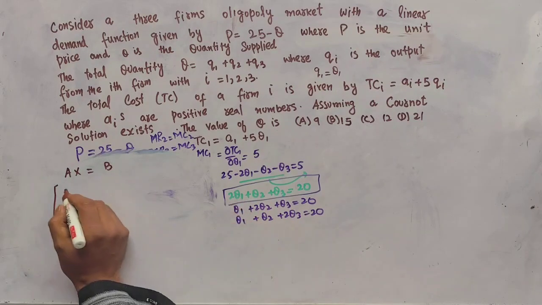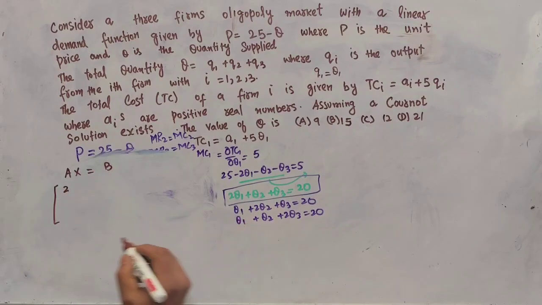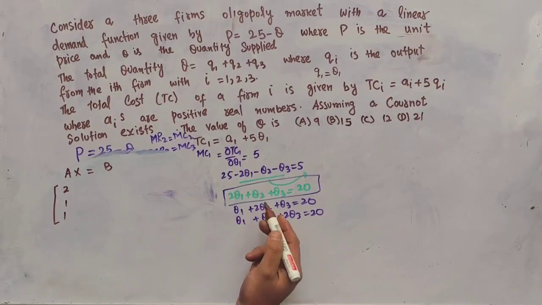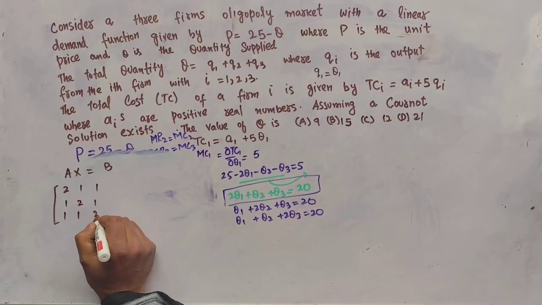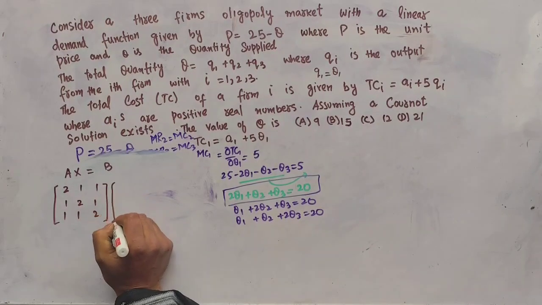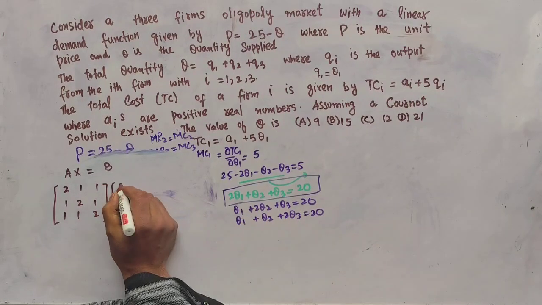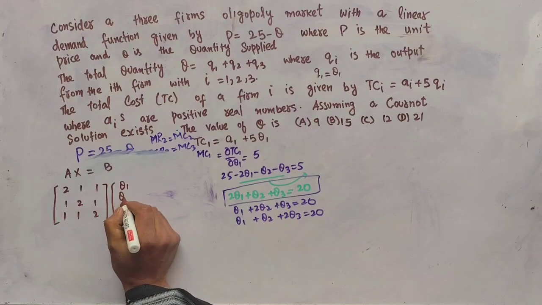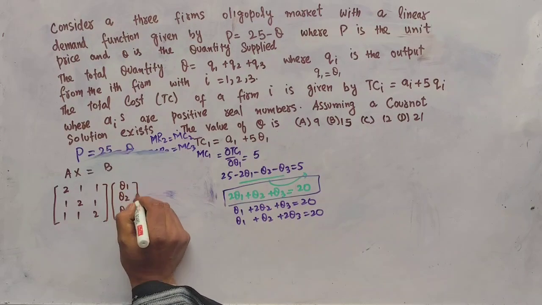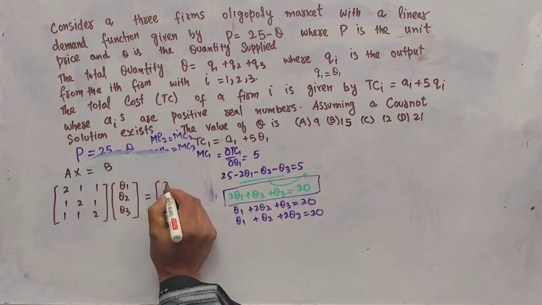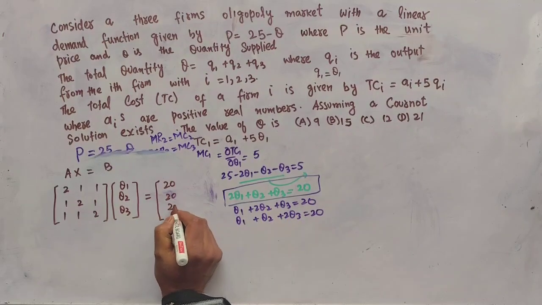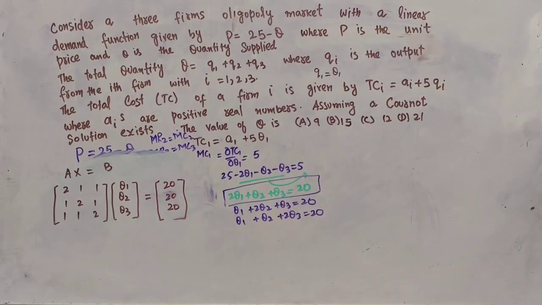Coefficient of Q1 is 2 in the first equation, in the second equation it is 1, third it is also 1. Here we have 1, 2, 1, then we have 1, 1, 2. X is what we are supposed to find out, the quantities Q1, Q2 and Q3. And B is the vector of constant terms, that is 20, 20, 20. This is the matrix form.